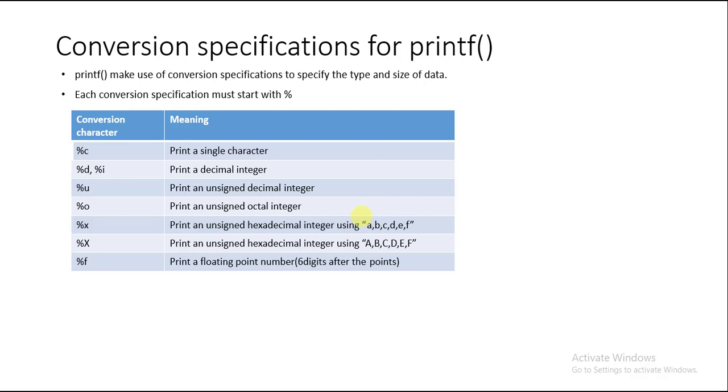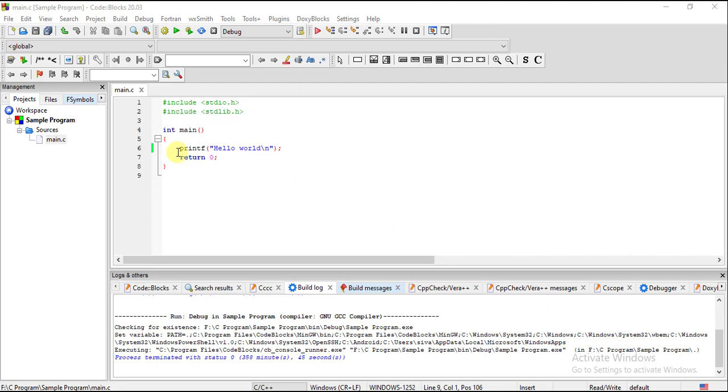Now let us see a few simple programs using these conversion specifications. See, this was the simple printf that we have used in the previous program. So in this there were no conversion specifications. There was only a simple statement hello world, and this will be printed on the output screen. Now let us first see how to use percentage %c to print a character.